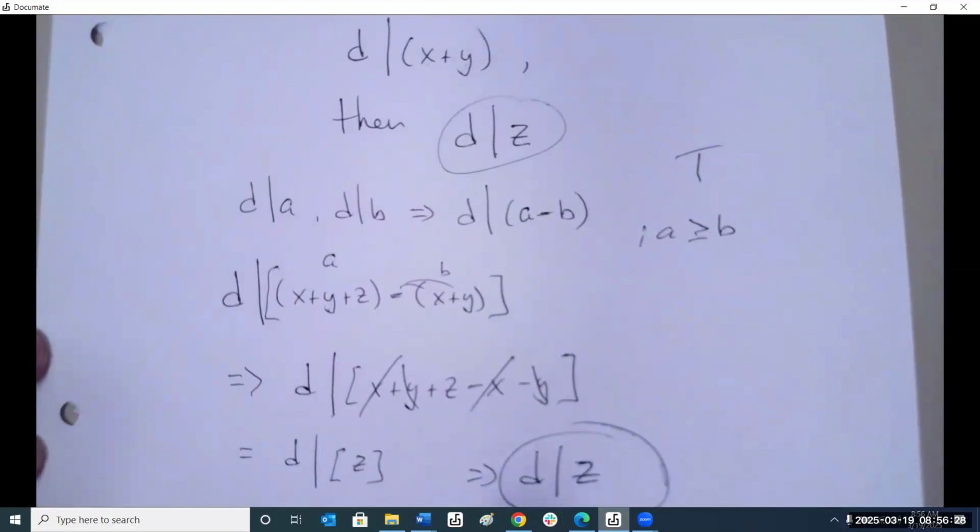Let's look at another example. I want to get into the divisibility rules.